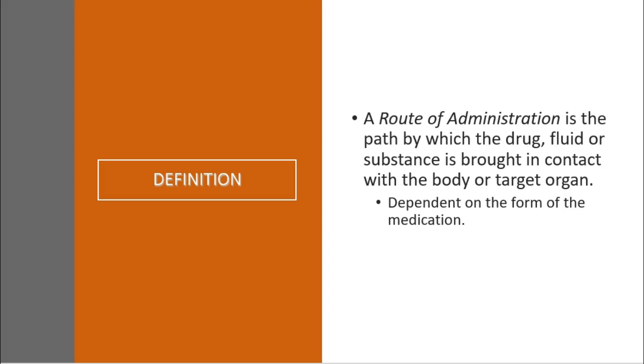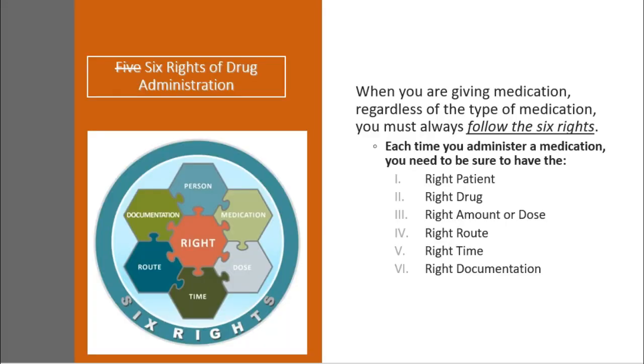So, definition. A route of administration is the pathway by which a drug, a fluid, or a substance is brought in contact with the body or a target organ, dependent on the form of medication. Here are your 5/6 rights of drug administration. The one that they miss is the right documentation. When you're giving medication, regardless of the type, you must always follow the 6 rights.